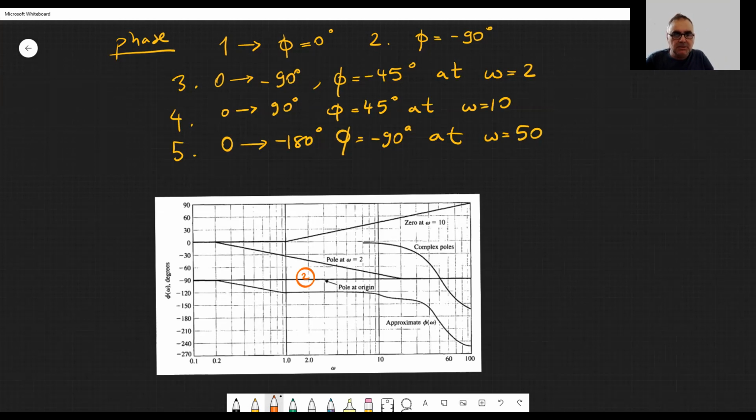The third one is 0 to -90 degrees. It goes like this.